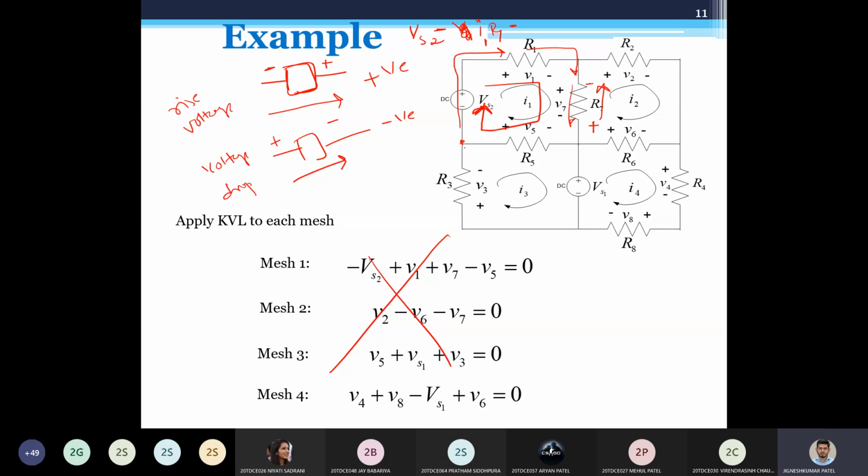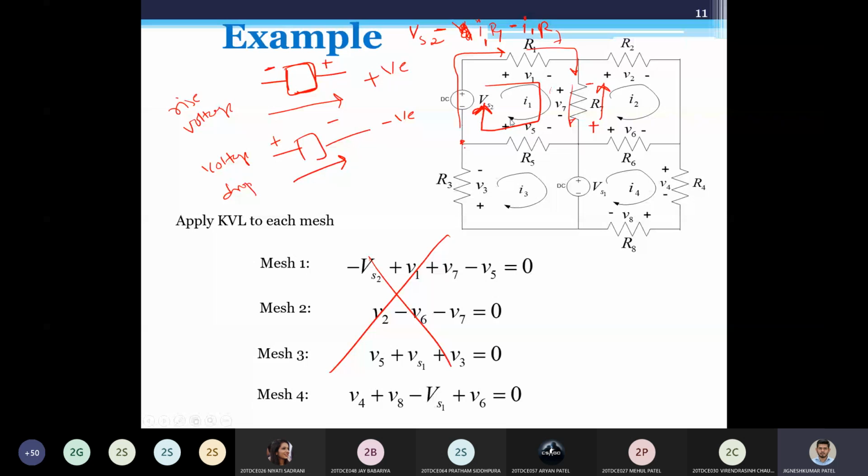So first, see here I have a positive polarity, so I will write minus I1, and this is resistance number 7. I'll write minus I1 R7. Again, I have one more voltage drop over here, and I am still going through this direction.